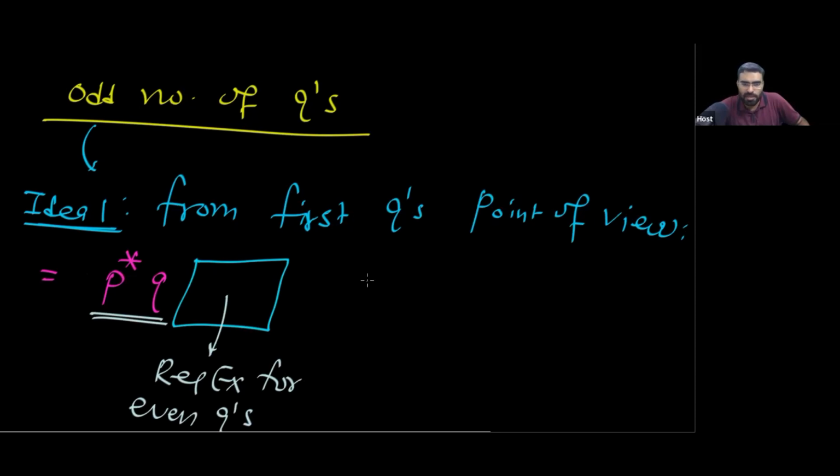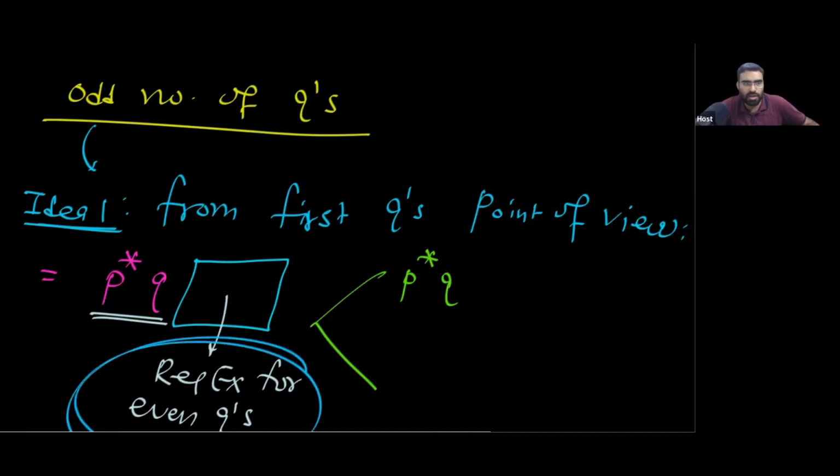So tell me, if you do this, then what answer will you get? P star Q. For even number of queues, there are 2 expressions. What are those 2 expressions?